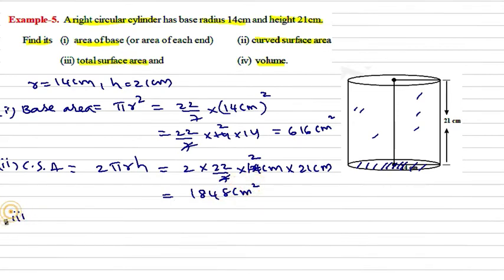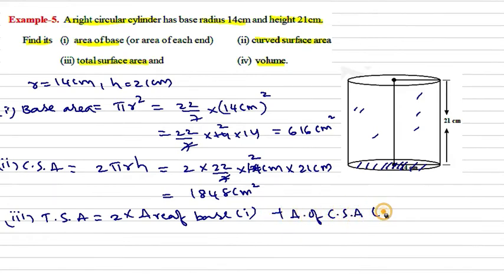The third one is we are going to find the total surface area, that is TSA of the cylinder. So here we are using the formula. So here we can add 2 into area of base, that is first answer, plus CSA, that is second answer.